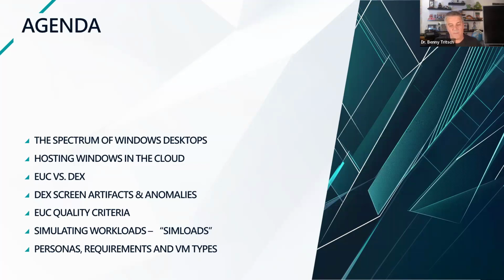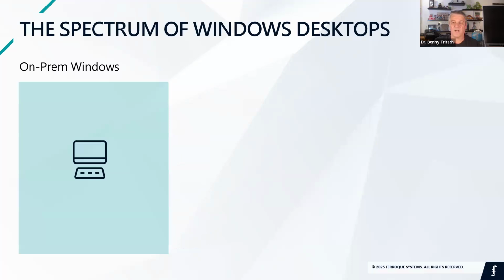Now, if we want to measure all that, we need to simulate workloads that represent what users do, but break it down to the individual application types so that we know what works and what doesn't. And in the end, we're going to talk about personas and requirements and VM types as a summary. So without further ado, let's go into it.